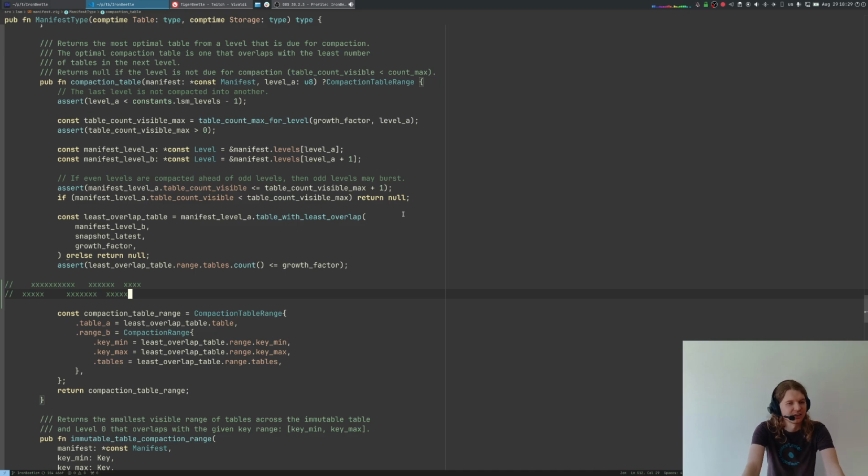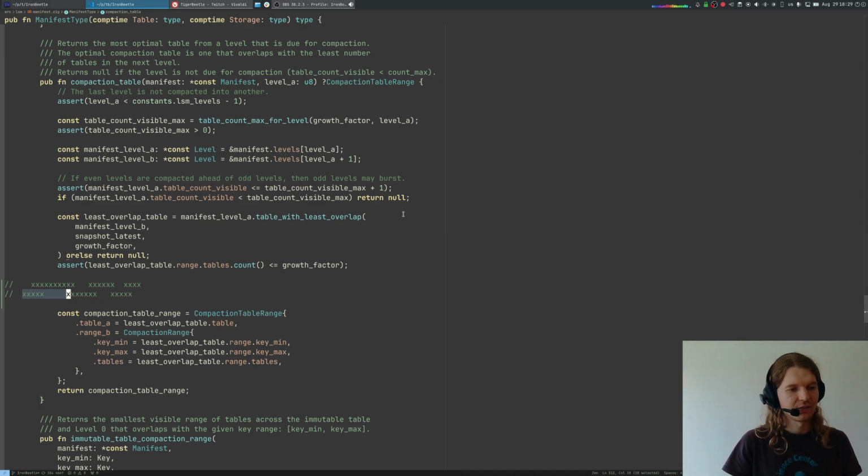And here, in this interval, we actually have LSM growth factor multiple of tables.